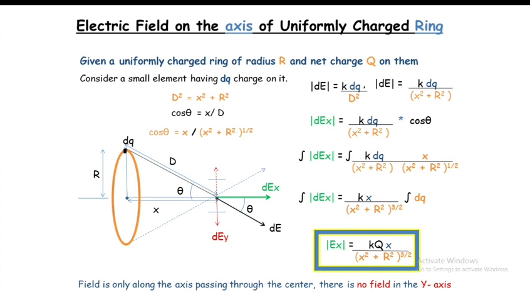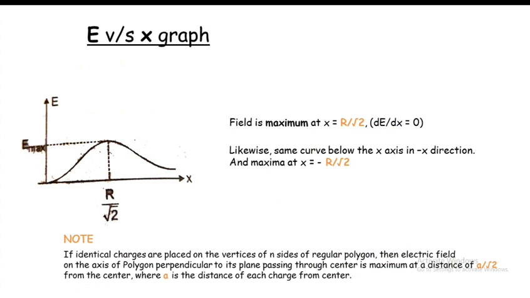On differentiating this equation with respect to x, we will get two values of x, plus minus r by root 2. So field is maximum at r by root 2. On differentiating E with respect to x and equating it to 0, we can easily find the value of this maxima.